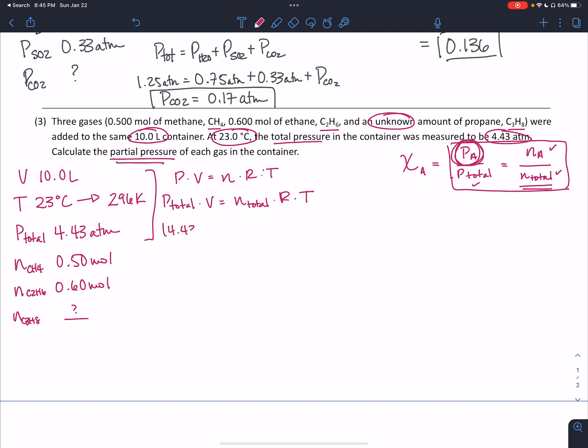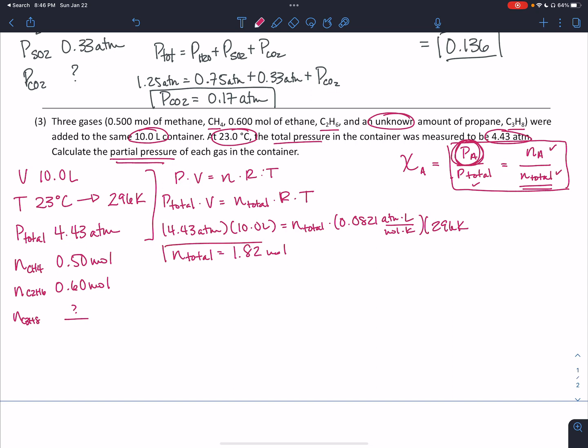So 4.43 atmospheres for that pressure, 10 liters for the volume. My unknown will be my moles, and R is 0.0821 atmospheres times liters over moles times Kelvin, and then we have a temperature of 296 K. So the total moles of gas within this container is going to be equal to 1.82 moles.